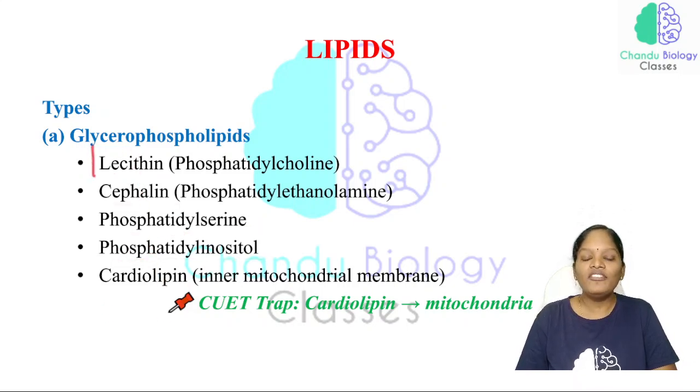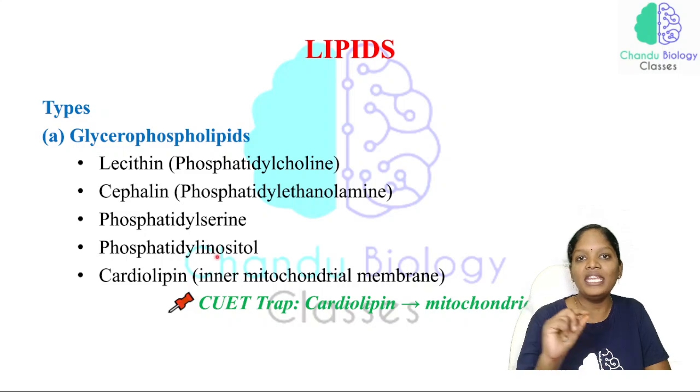If the glycerophospholipid is made up of a phosphatidylcholine group, we call it lecithin. Cephalin is again a type of glycerophospholipid, made of phosphatidylethanolamine, phosphatidylserine and inositol.